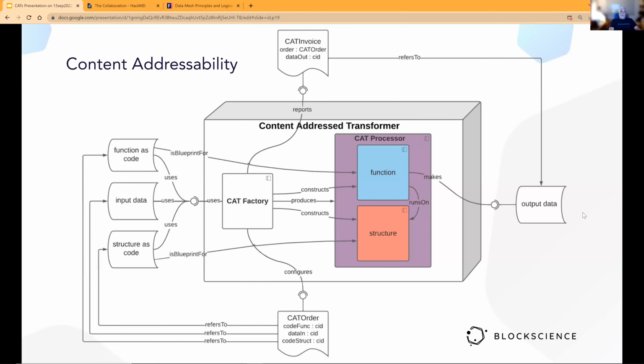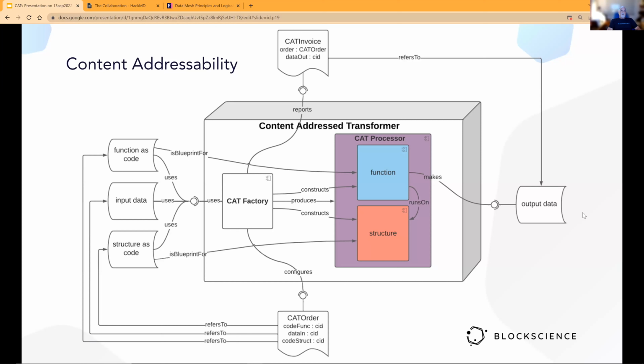The factory can take all of that information, create a processor, execute the function using the input data, and make output data, in which case the factory spits out this invoice, which is really nothing but the order that was requesting all of this to be done, and the content address of the output from it.